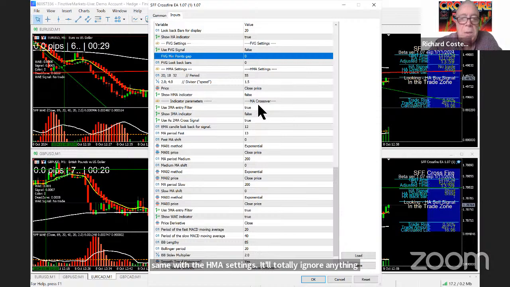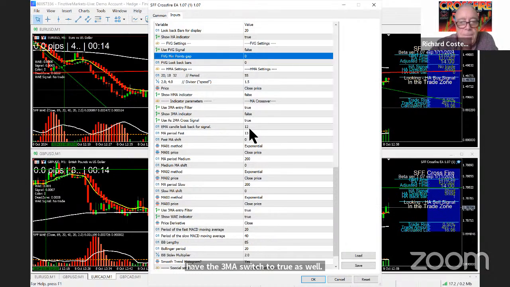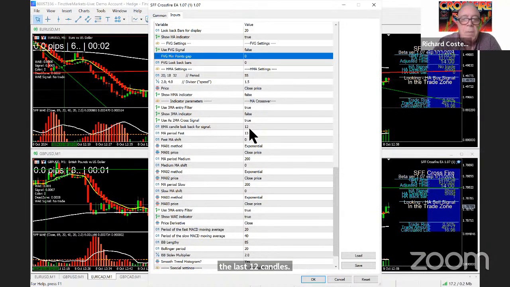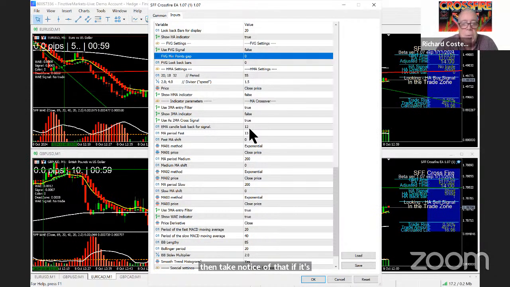What it does use is the MA crossover, and in order to get the 2MA to work, you've got to have the 3MA switch to true as well. And I've asked it to look back to 12 candles. So I'm saying if there's a crossover of the moving average within the last 12 candles, then take notice of that. If it's further back than 12 candles, just ignore it. Don't take it.